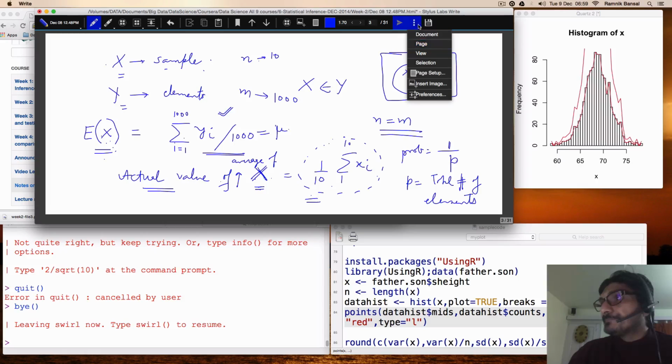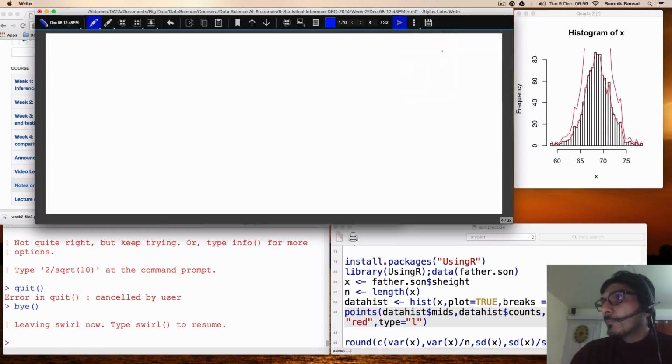Now I'm saying that this average of x, let me denote it by A of x. A of x is the summation of xi by 10, i from 1 to 10. Now the expected value of A of x, what is that?